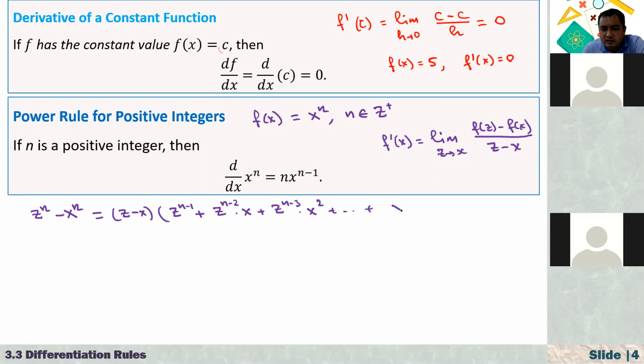It continues until the last term, x to the power of n minus 1. If you notice, the sum of the powers in each term is n minus 1, while here we have n.